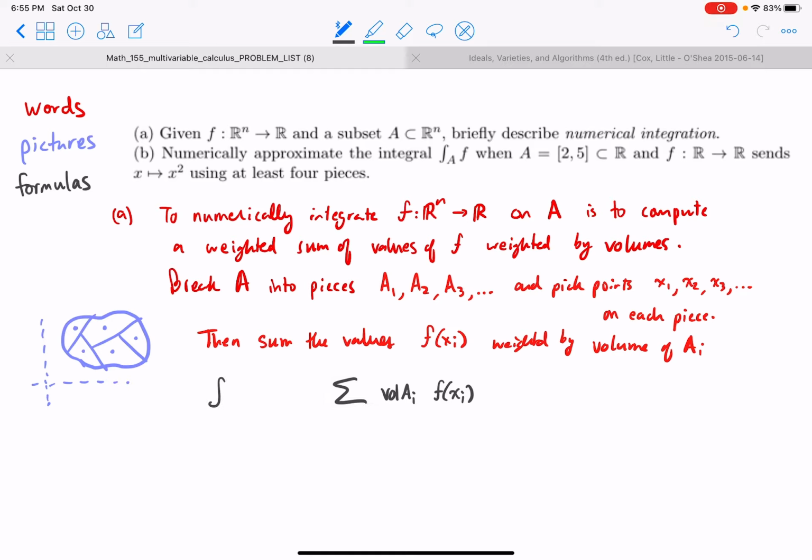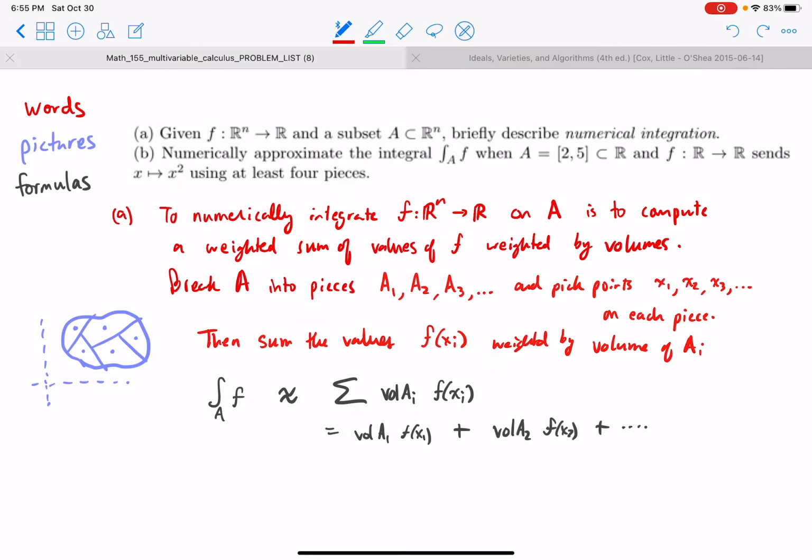And that's basically the integral of f, so approximately. Literally this sum would be like the volume of A1 times f of x1 plus the volume of A2 times f of x2 plus the volume of A3 times f of x3, etc. That's what this symbol means.